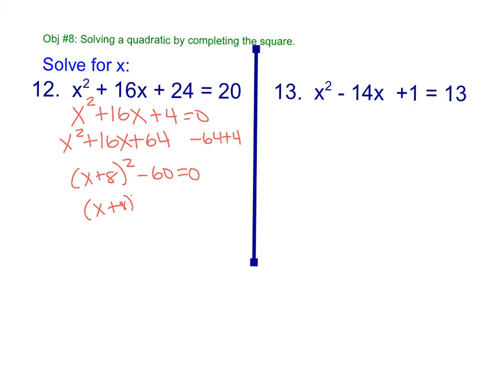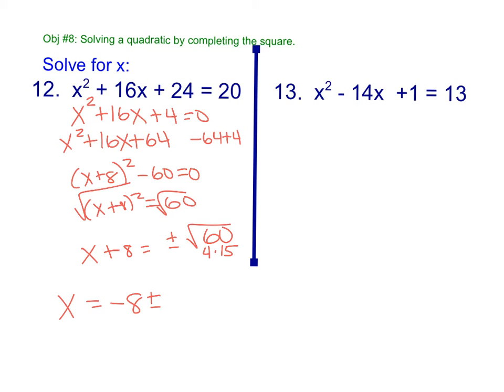X plus 8 squared equals 60. Square root. X plus 8 equals plus or minus root 60. And then simplify 60. 60 is 4 times 15. And I'm going to move the 8 over. So it's negative 8 plus or minus the square root of 4 is 2 and root 15.